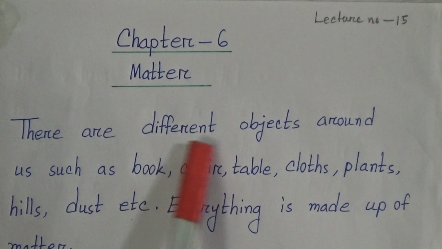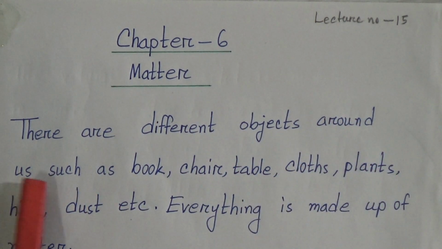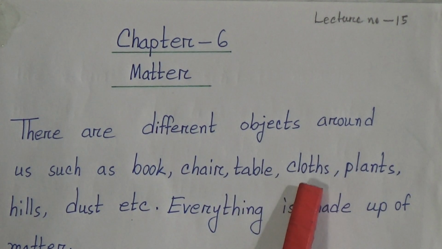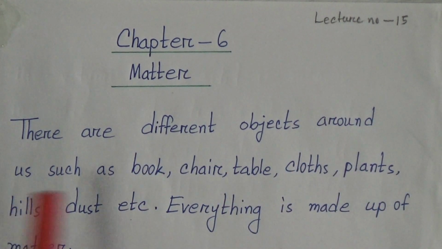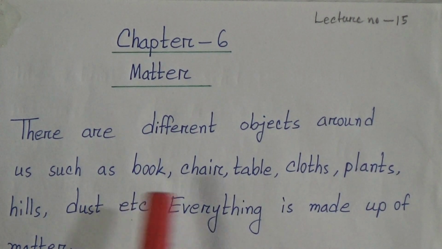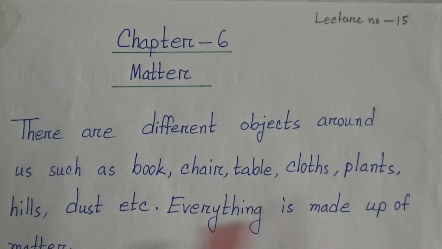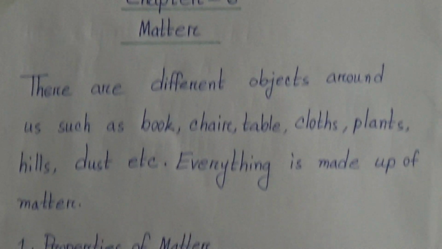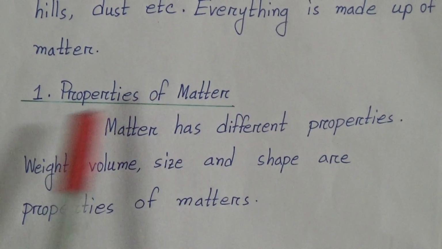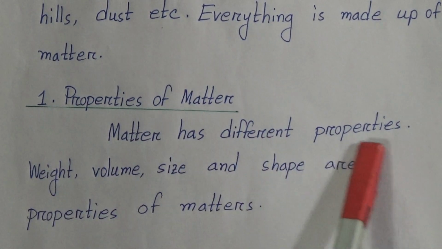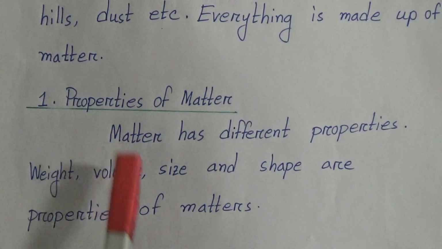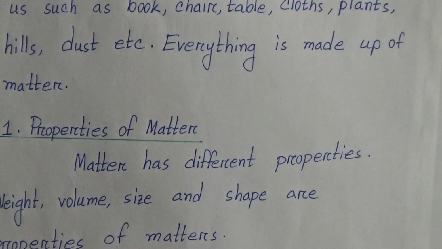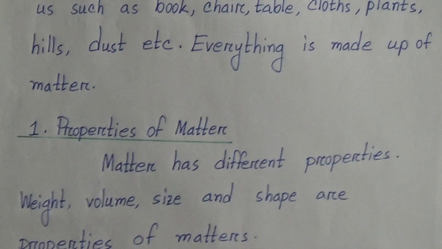There are different objects around us such as book, chair, table, cloth, plants, hills, dust, etc. Everything is made up of matter. Now we will know about properties of matter. Matter has different properties. Weight, volume, size and shape are properties of matter.